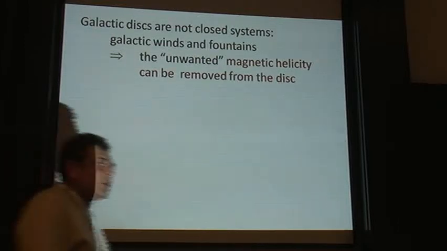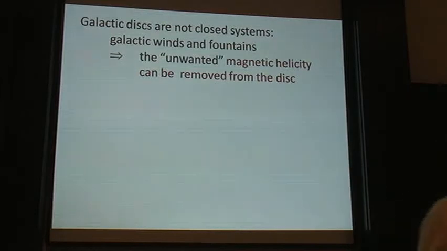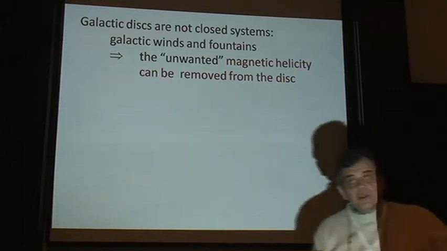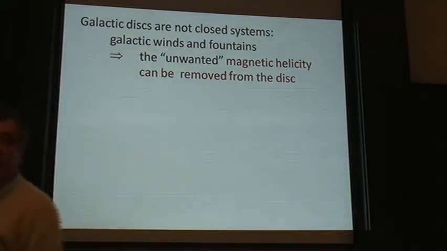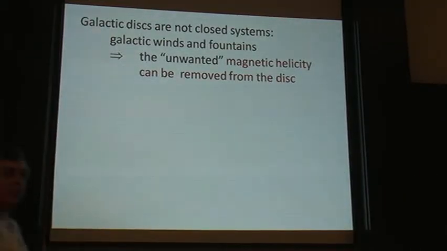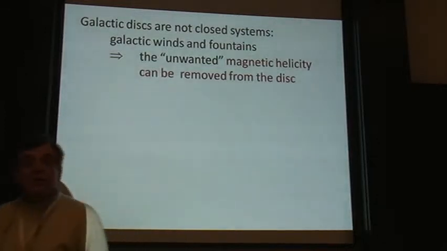We discussed that galactic disks are not a closed system. We saw today these simulations of galactic disks, where this interchange of mass and everything you want between the disk and the halo is so vigorous that very often you have difficulties identifying the disk at all.